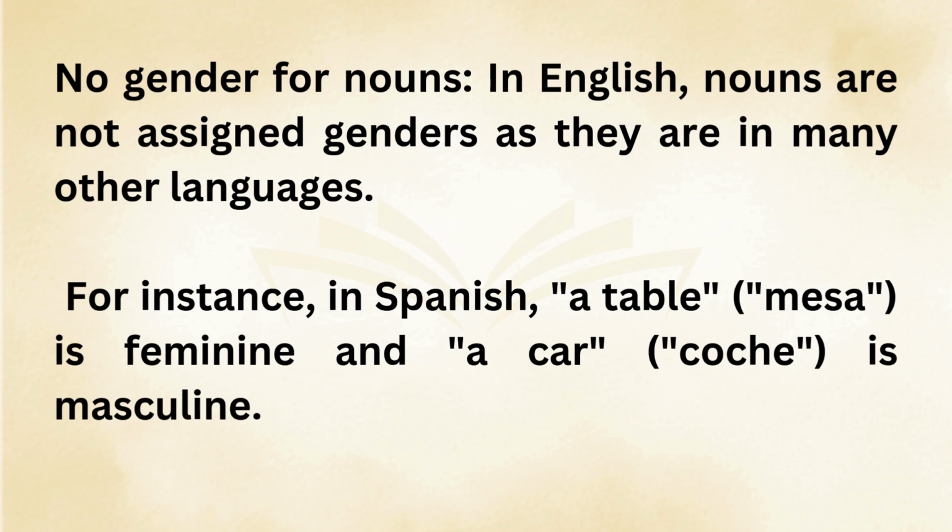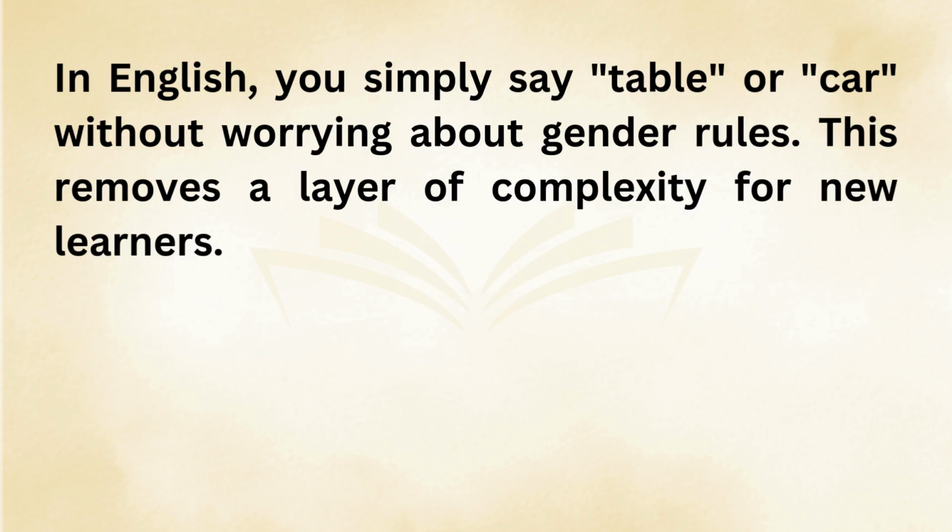For instance, in Spanish, a table, mesa, is feminine, and a car, coche, is masculine. In English, you simply say table or car without worrying about gender rules. This removes a layer of complexity for new learners.